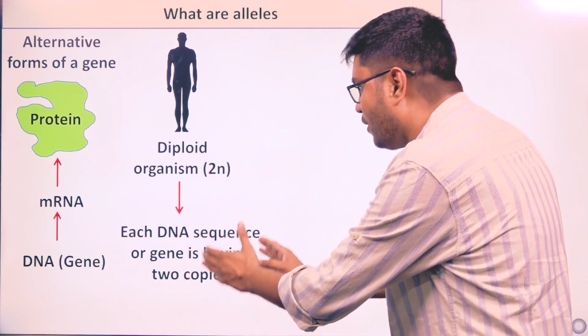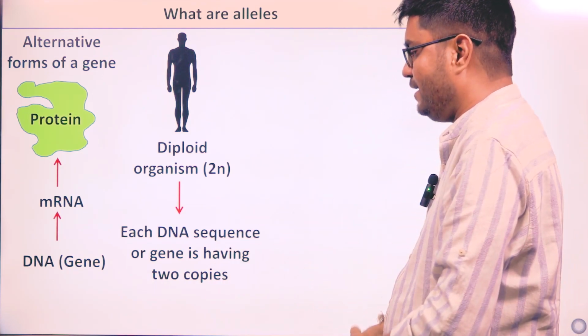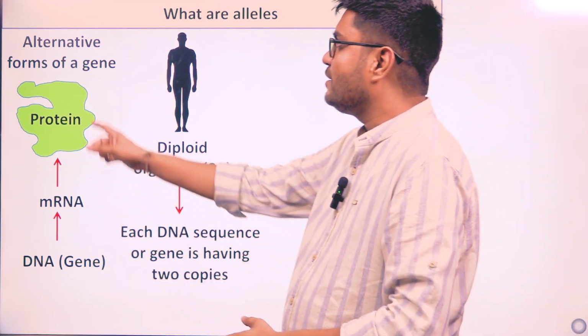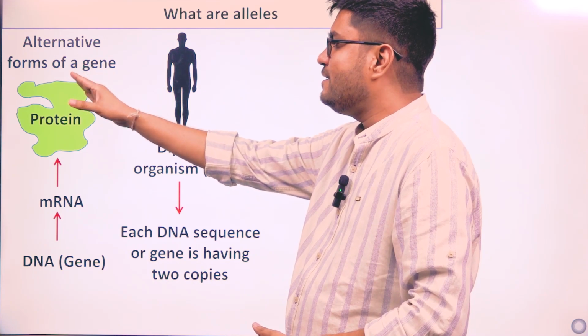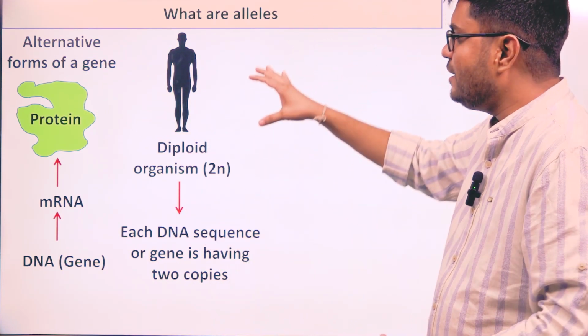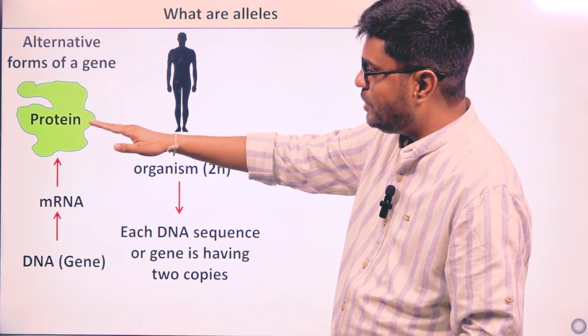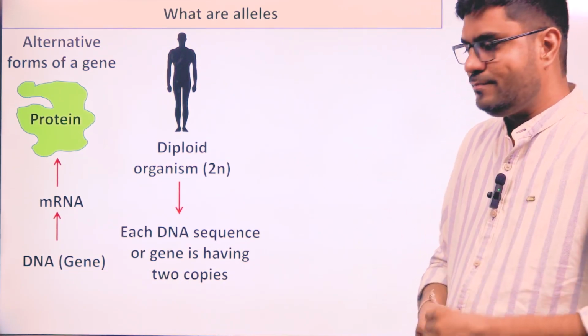Now these two copies or these two forms of DNA, these two forms of gene are called what? Alleles, where the classical definition says alternative forms of a gene. So in a diploid organism, every gene which is coding for a protein is having two alleles.